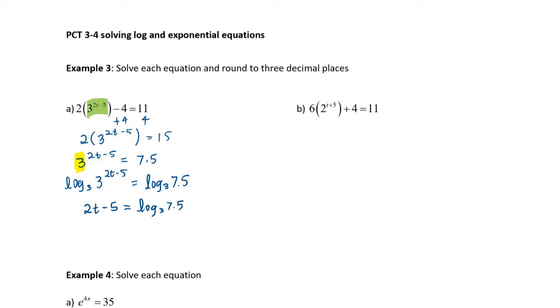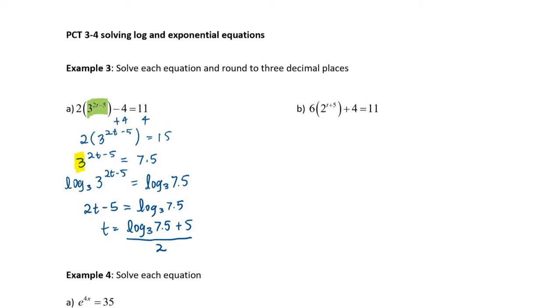And now I just need to work to isolate t. So I'm going to work by adding 5 to both sides and then dividing everything by 2. So after I add 5 to both sides and divide everything by 2, I end up with t equals log base 3 of 7.5, plus 5, all divided by 2.